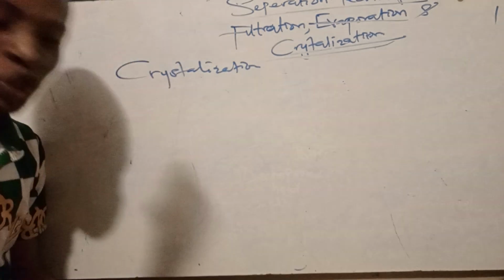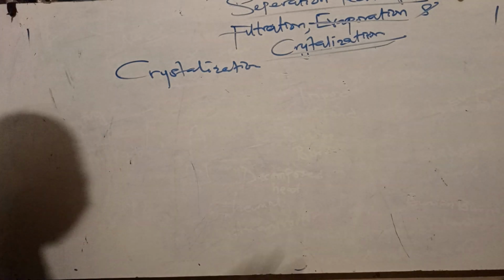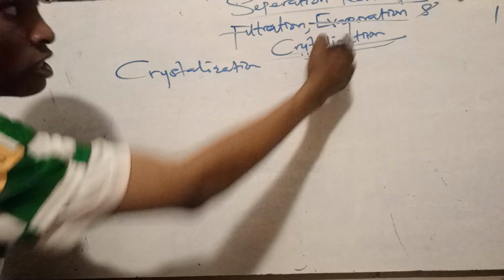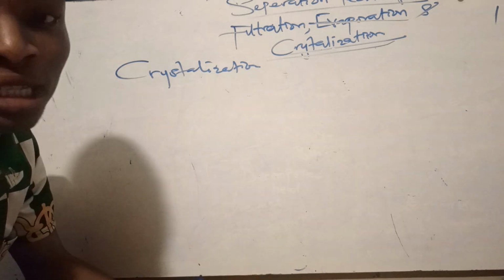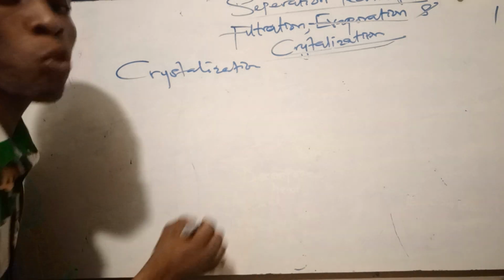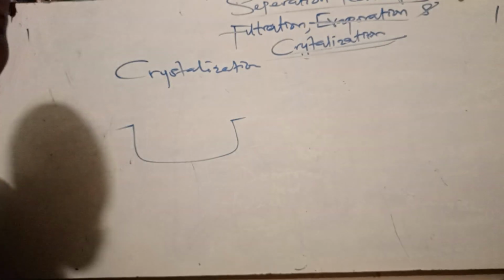In crystallization, we use similar apparatus, but we are going to reduce the heat. Earlier, when we were talking about evaporation, we used an evaporating dish, a tripod stand and a Bunsen burner. But in this, we use a water bath. So this is it, something like this.